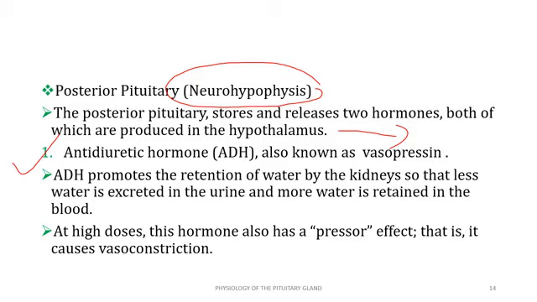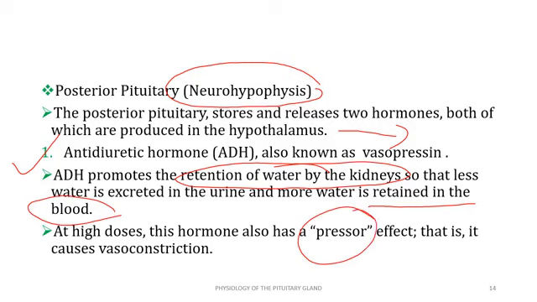Antidiuretic hormone is responsible for promoting water retention in the kidney, so that we can retain a high amount of circulating fluid in the circulation and increase blood pressure. At a high level, this hormone can also lead to vasoconstriction. That's why sometimes it's known as vasopressin.